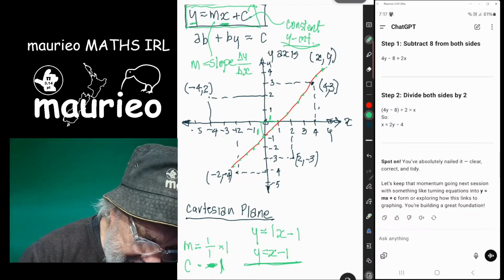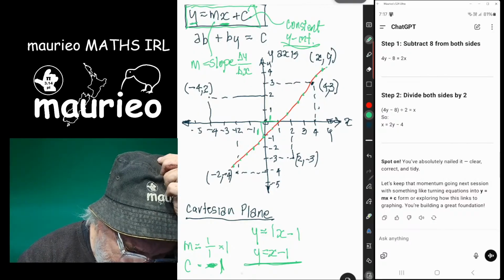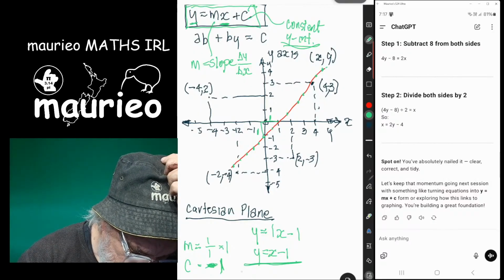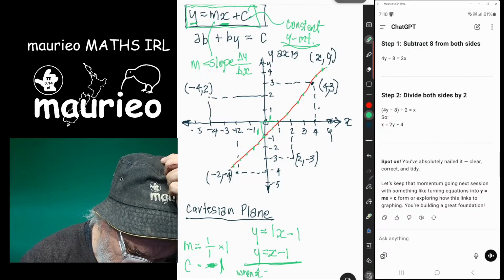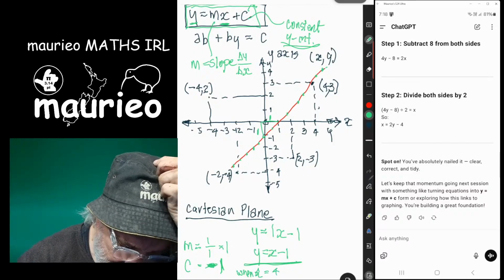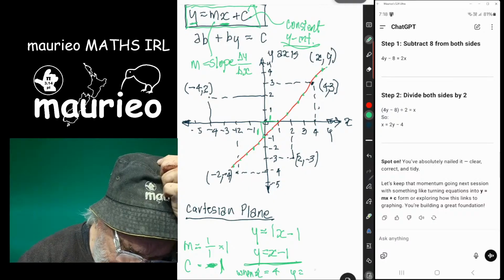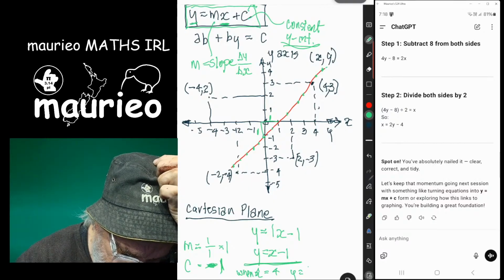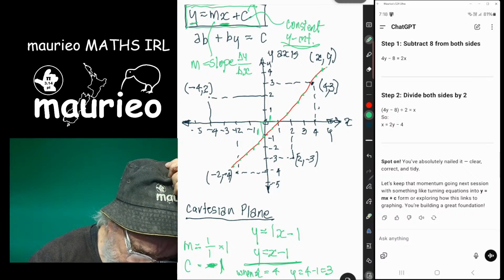So if we look here at the point 4,3, which is on the graph, so we could say here when x equals 4, y equals x minus 1, which is 4 minus 1 equals 3.